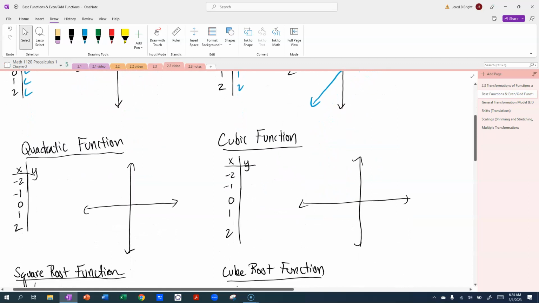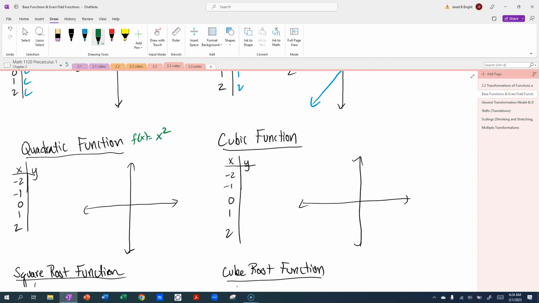Quadratic function. In general, this is going to look like f of x is equal to ax squared plus bx plus c, but our base one that we work with is just going to be x squared. So let's just concentrate on that. What does that look like?